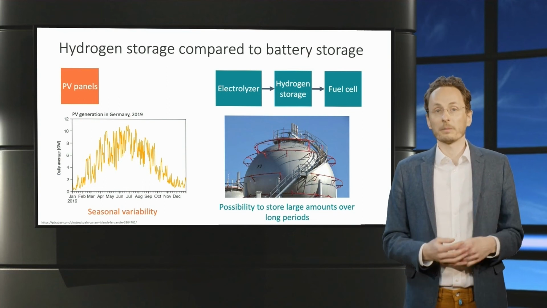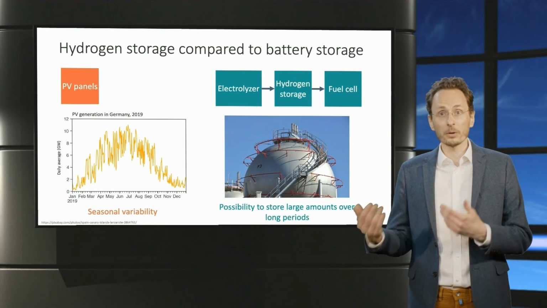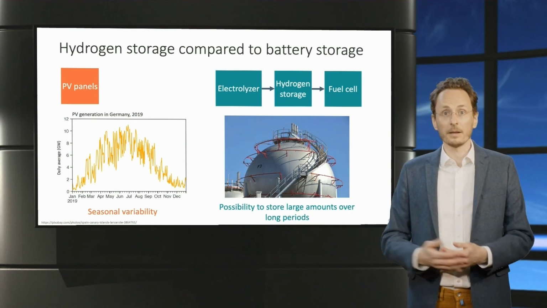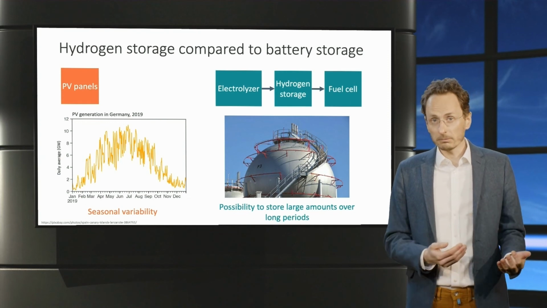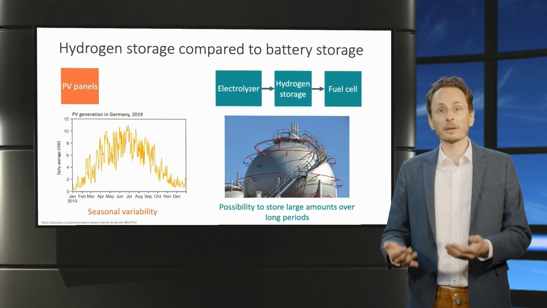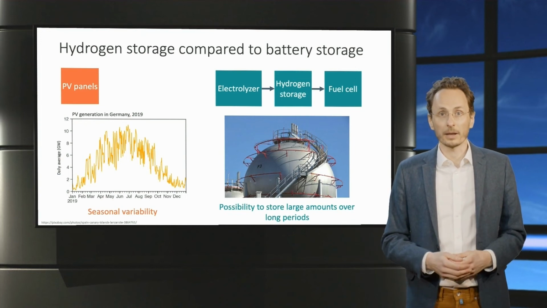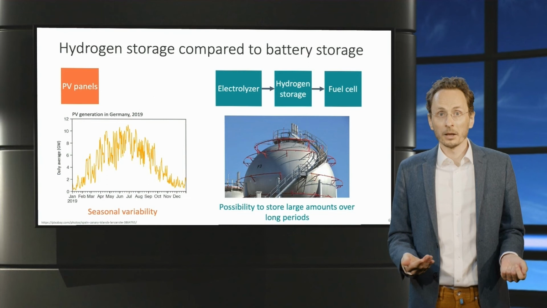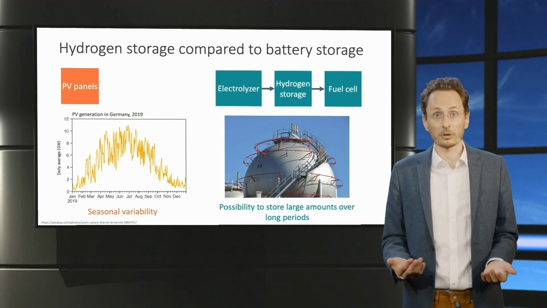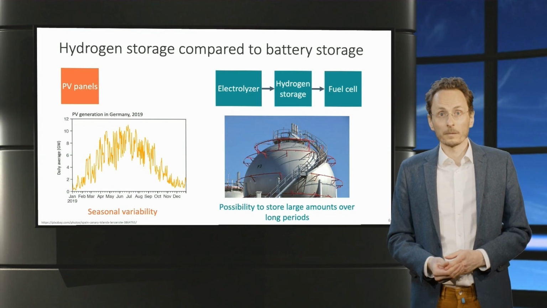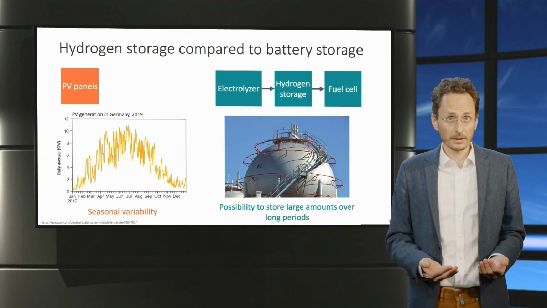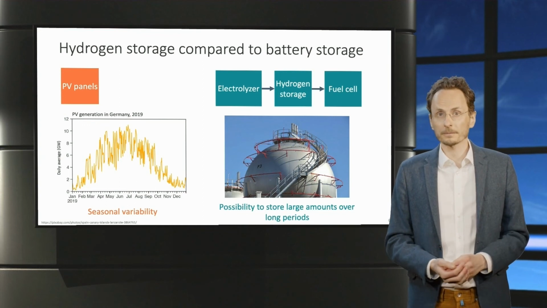We can use relatively small electrolyzers and small fuel cells, but a very large storage system, something like this large gas tank here. Then slowly but continuously produce hydrogen through summer, and then slowly but continuously turn it back into electricity in winter. Building large storage tanks is relatively cheap, much cheaper than large batteries. So the low 45% efficiency is still there, but for seasonal balancing, the cost might be worth it.